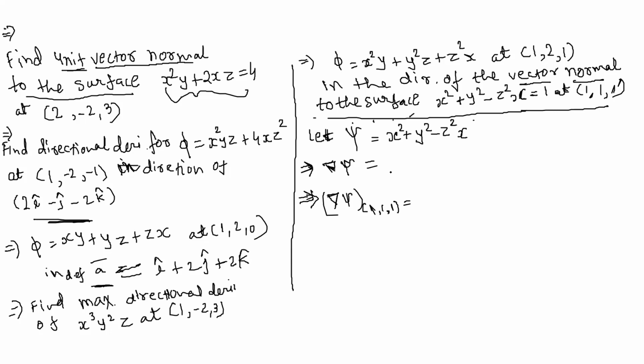Give me your nebula xi at (1,1,1). I plus 2j plus 2k.